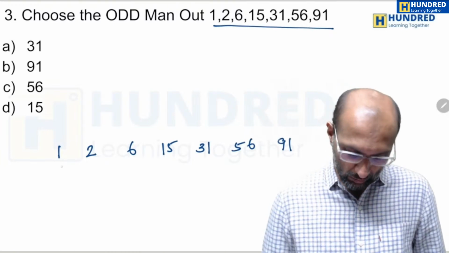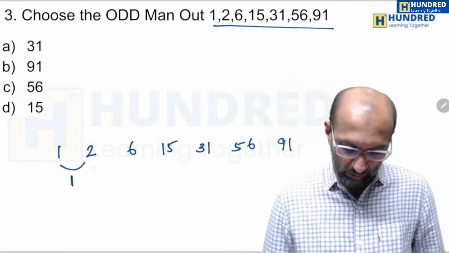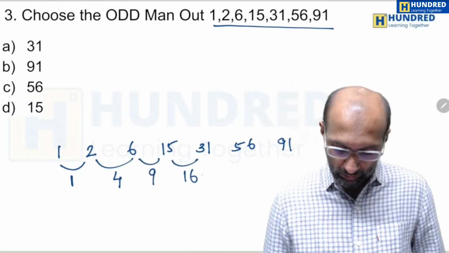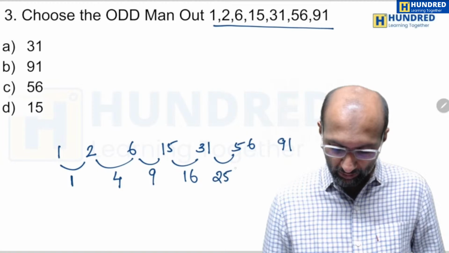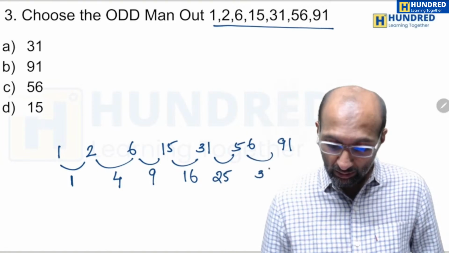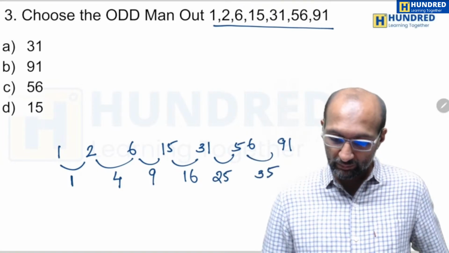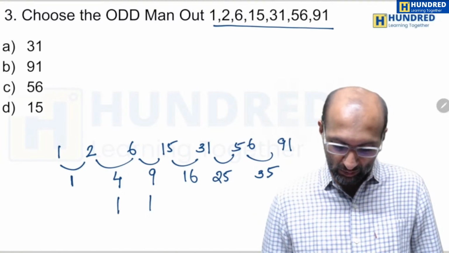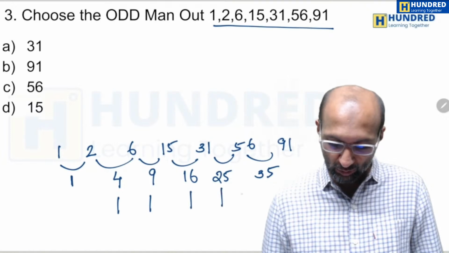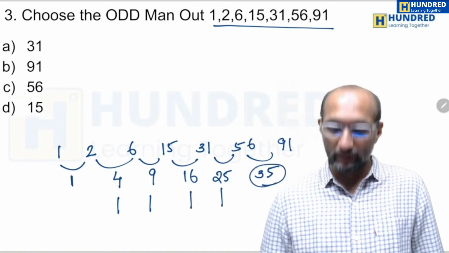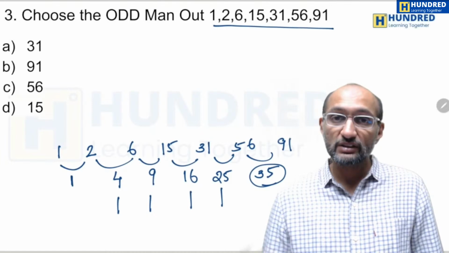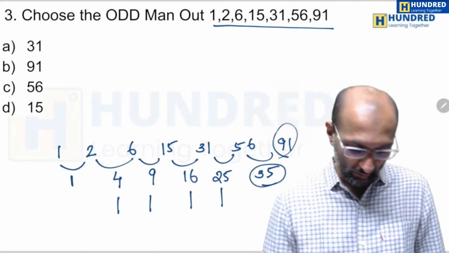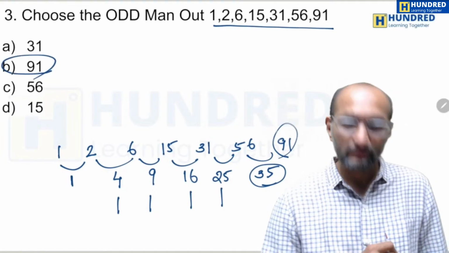If you subtract, what is the difference? 1, 4, 9, 16, 25, 35. So this is 1 square, 2 square, 3 square, 4 square, 5 square, but 35 is not a perfect square. 36 should be the ideal answer, 6 square, but it is 35. So what is the odd man out? 91. This is our answer.